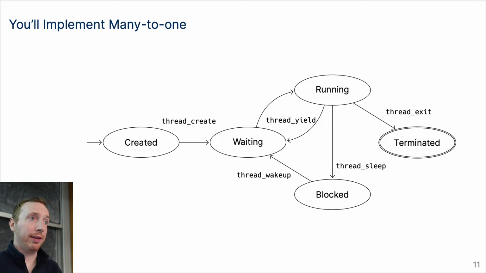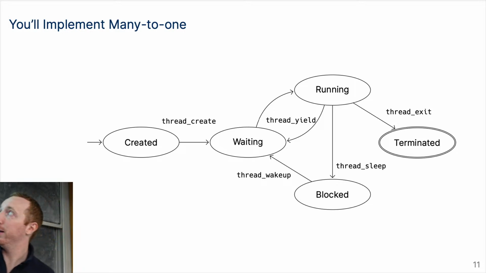And then this is going to be cooperative scheduling. Remember when we talked about cooperative processes? Well, it's the exact same thing for threads. A thread's going to have to give up the CPU voluntarily. You're not going to interrupt it or try and steal the CPU away from it. In lab 3, you're going to do the preemptive version where you get to steal the CPU away from a thread, but in this one, you don't have to worry about that.